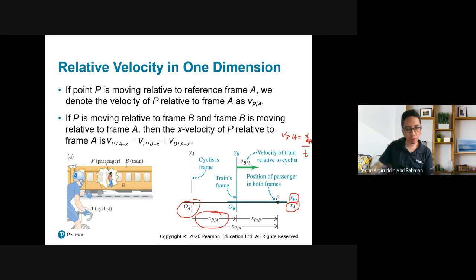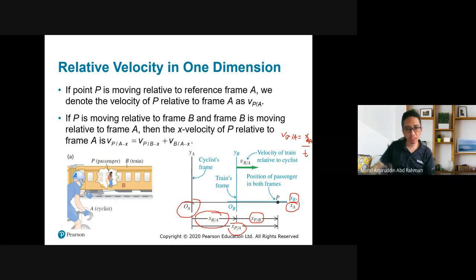So we have here the position all the way from the cyclist to P. This is the relative position of the passenger to the cyclist, and this is the relative position of the passenger to the train.